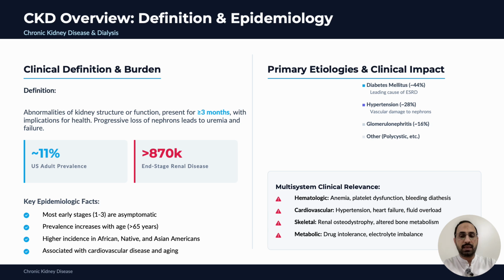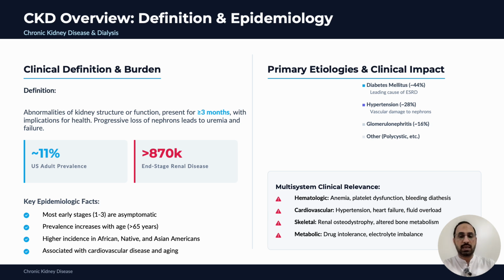So to understand the clinical impact of chronic kidney disease, we first have to look at the sheer scale of the disease. Nowadays, chronic kidney disease is one of the most burdensome diseases worldwide. Approximately 11% of the US adult population is affected by chronic kidney disease, and over 870,000 patients are currently managing end-stage renal disease.